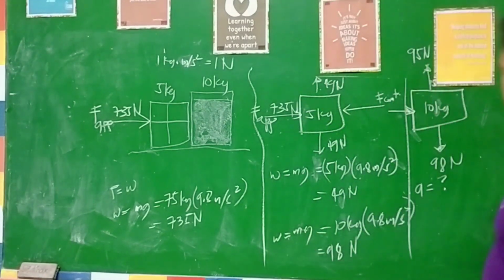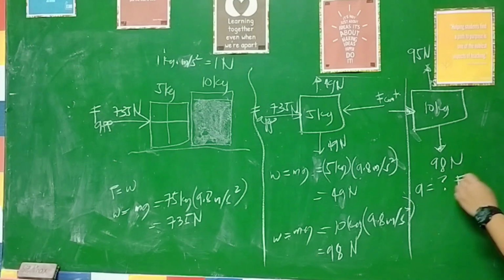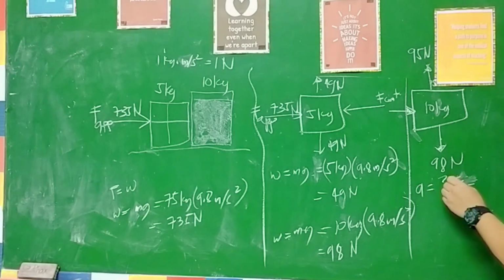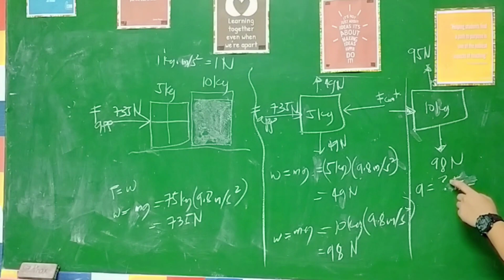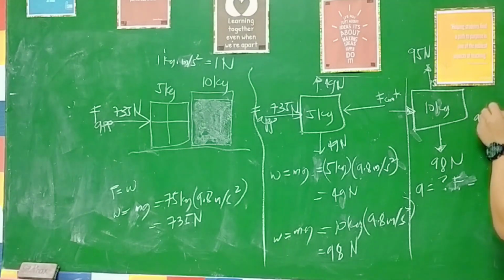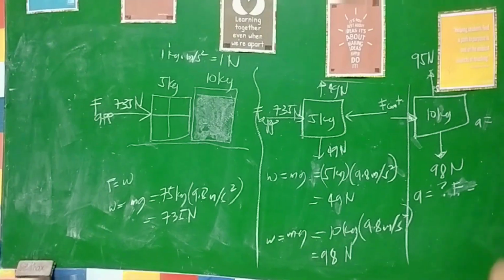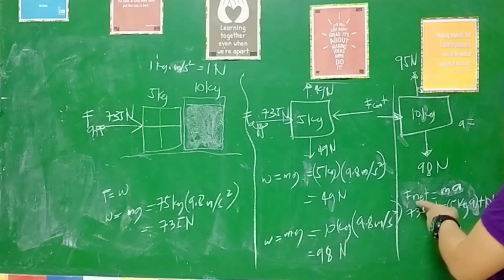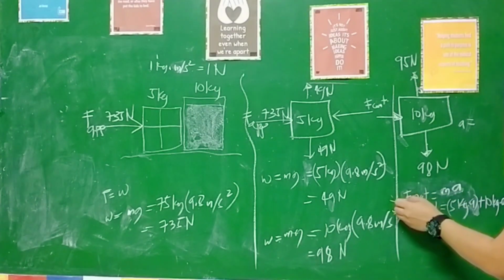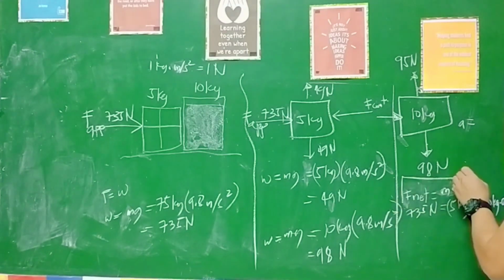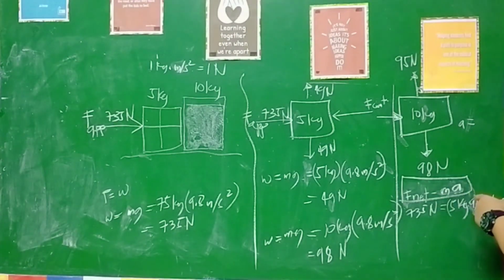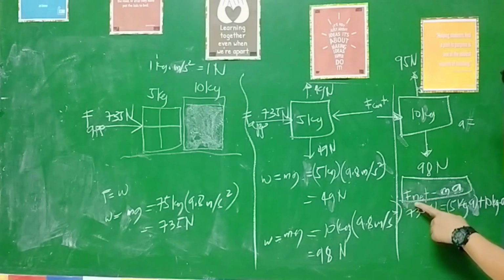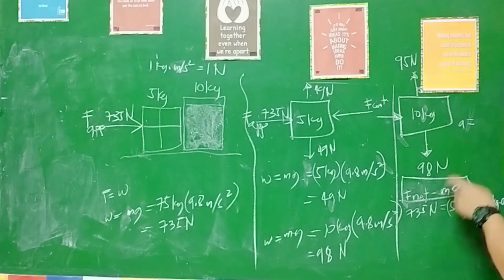To solve for our acceleration, from the second law of motion, F net is equals to mass times acceleration.